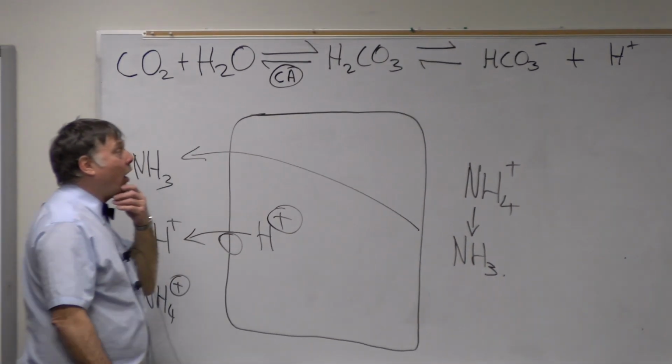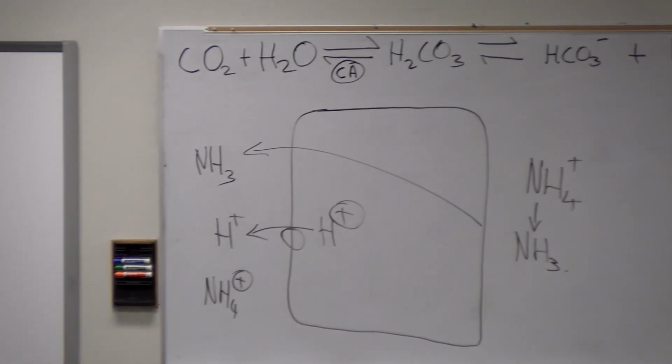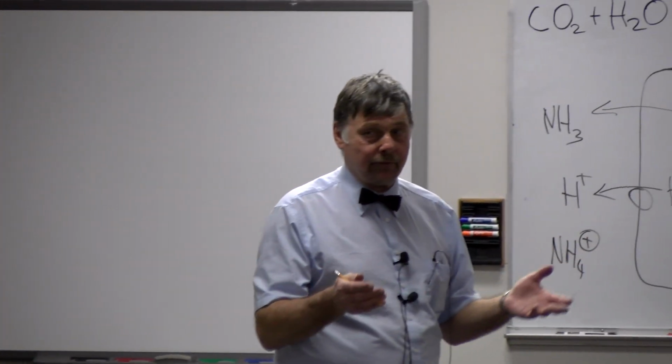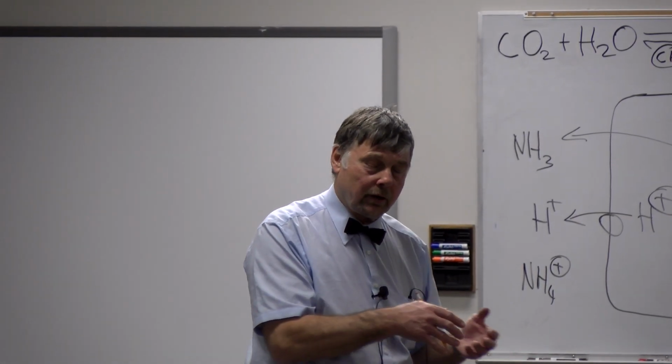Okay. Conversely, if the kidneys are incapable of getting rid of acid, we can actually increase our breathing and blow off CO2 and compensate for a kidney defect by hyperventilating. Okay, and we're going to tackle that on Friday.